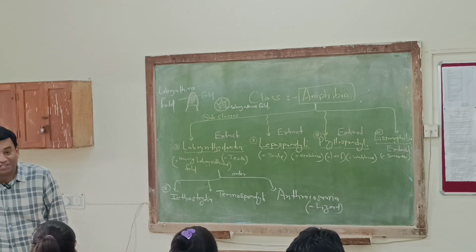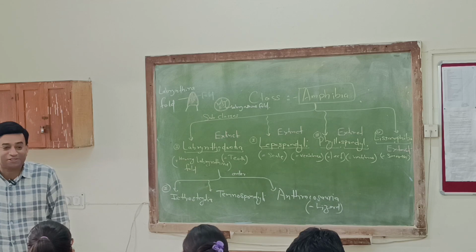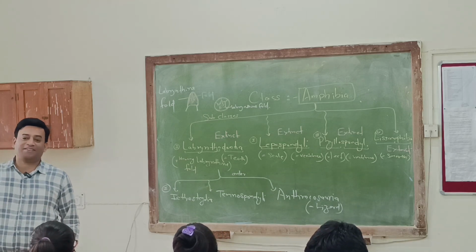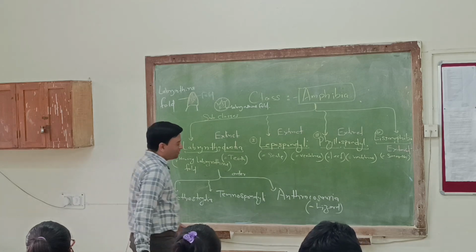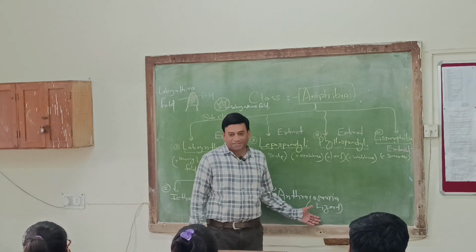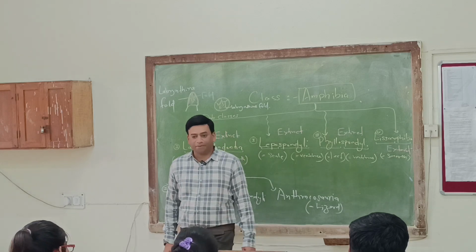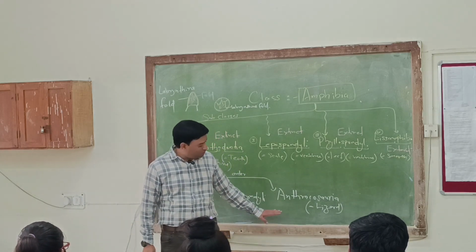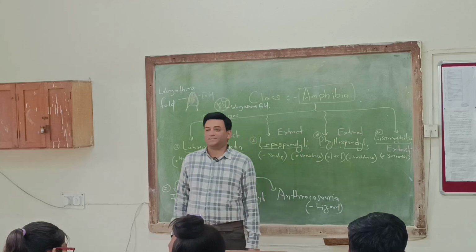The classification of amphibia is also the evolution of reptile. So here we found that a branch, a separate evolutionary line, takes place, a separate lineage starts, and from here onwards the evolution and origin of reptilia will start.